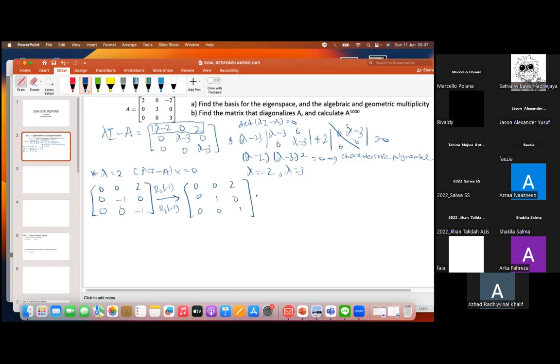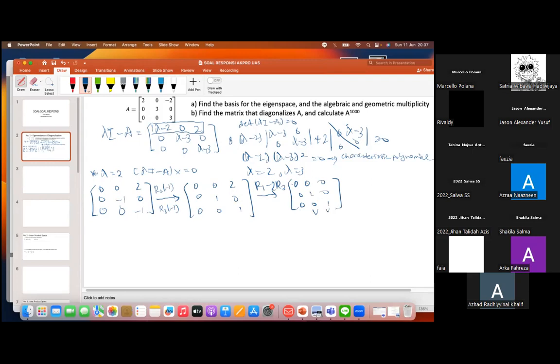Next, we knock out the first row, so it's R1 minus 2 R3. We get 0, 0, 0; 0, 1, 0; 0, 0, 1. As you can see, the rows with leading ones are the second and third. The first row doesn't have a leading one.